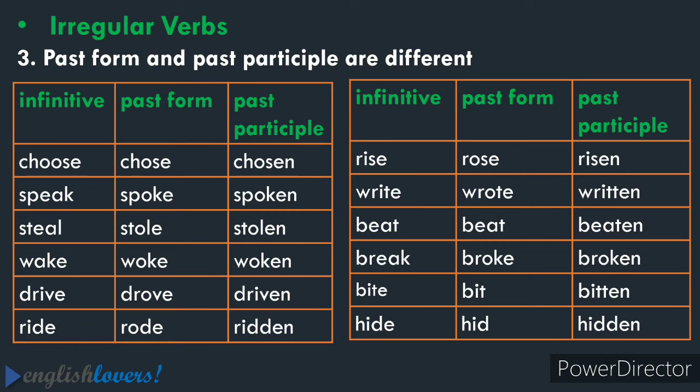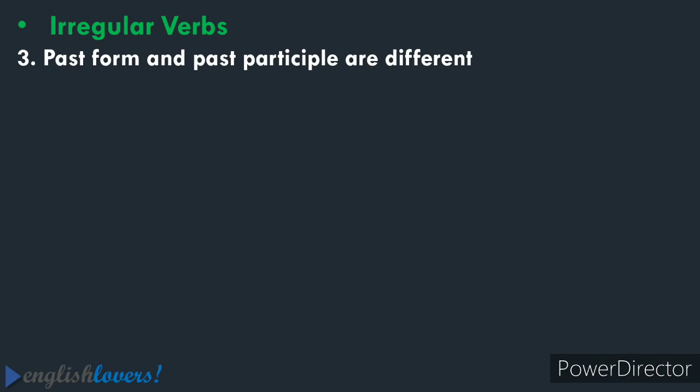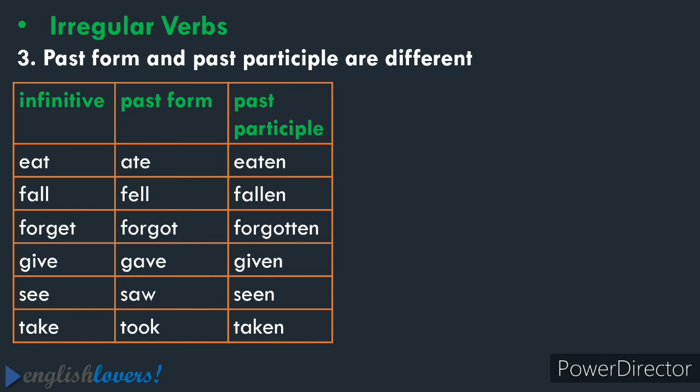Next is break, broke, broken. Next is bite, bit, bitten. Here bite means to make two pieces with the help of teeth. Hide, hid, hidden. Next is eat, ate, eaten.